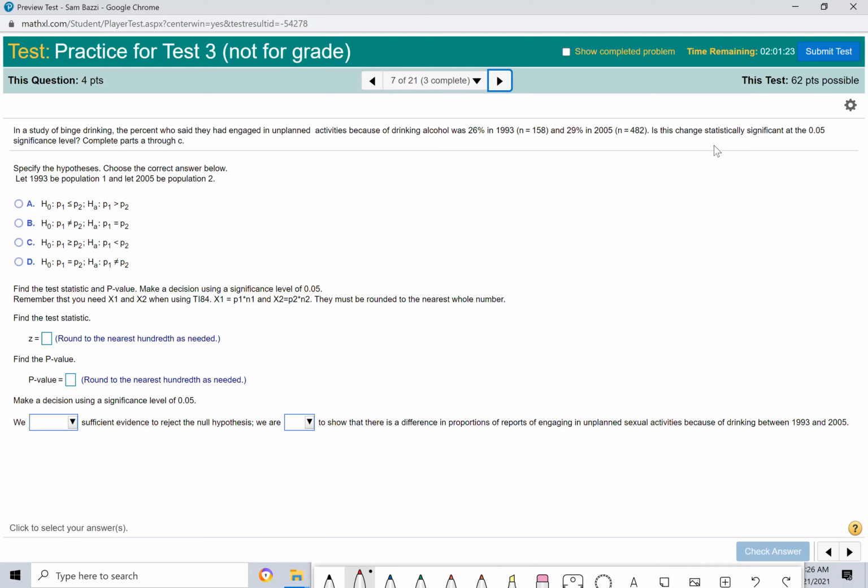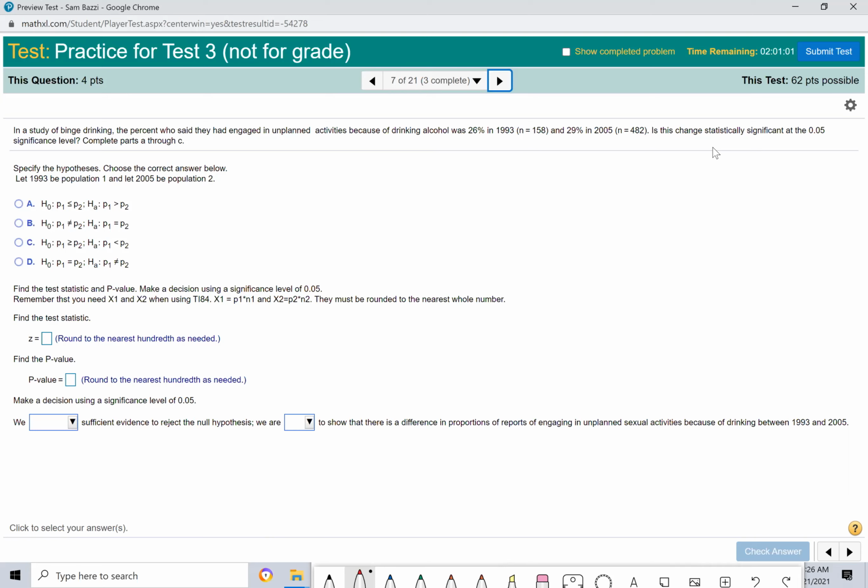Is this change statistically significant at the 0.05 significance level? Complete parts A to D. So you want to check if there is a difference in those percentages.